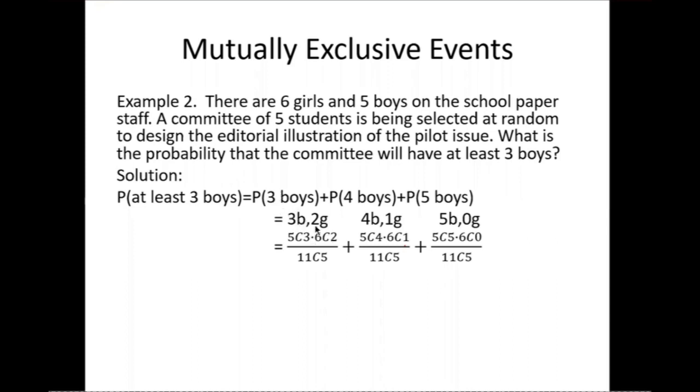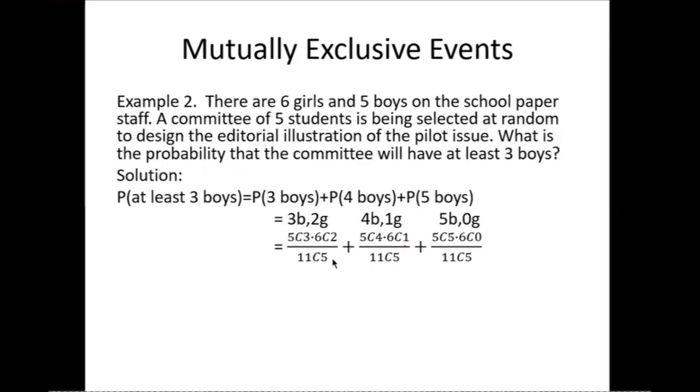Then yung 2 girls naman, 6 combination 2. Then yung 4 boys ay 5 combination 4, at yung 1 girl, 6 combination 1. Then yung 5 boys, 5 combination 5, 6 combination 0. At sa denominator naman, lahat sila ay 11, 6 girls and 5 boys. So 11 combination of 5 kasi ang kailangan lang ay committee of 5 students.